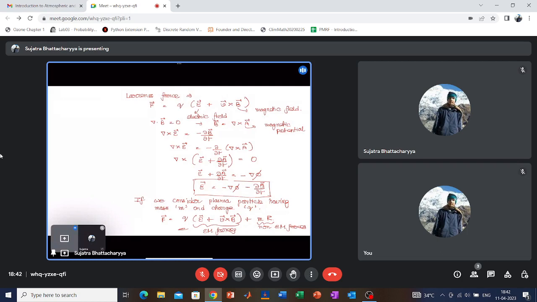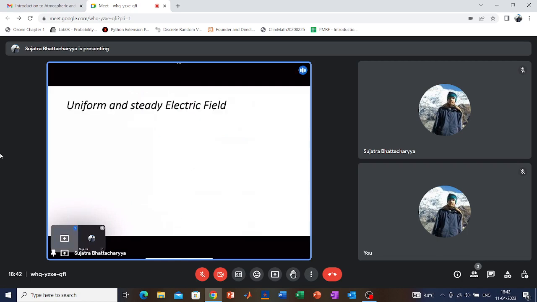Now we will go to the electric field case, where we will apply only the electric field. So this is not steady, but this is static. Okay, so this is uniform and static electric field.